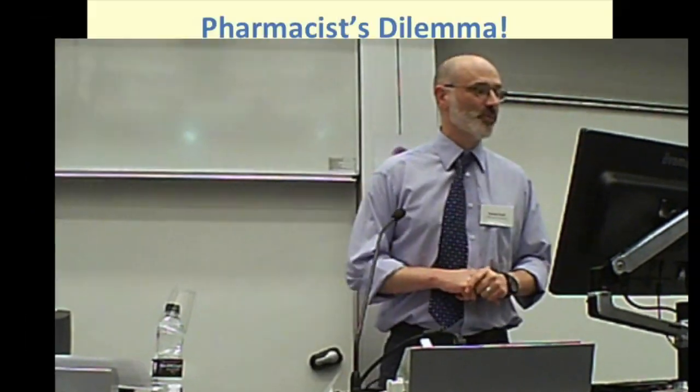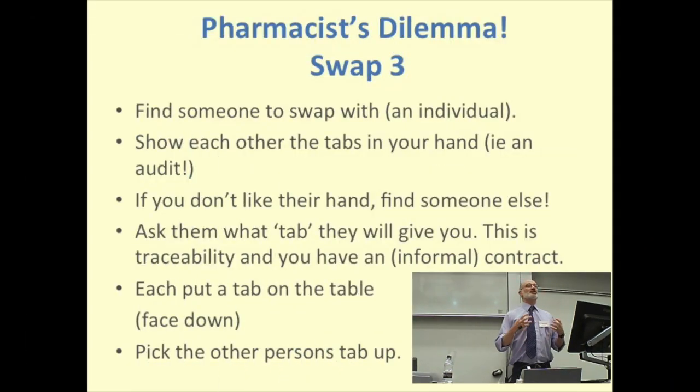Okay, swap number 3 coming up. This is to mimic the fact that across the pharmaceutical supply chain you can audit a supplier or a manufacturer. This time, find the individual that you want to swap with and show them the other tabs that are in your hand. Now, if you see someone and you don't like the look of their hand, go away and find someone else.